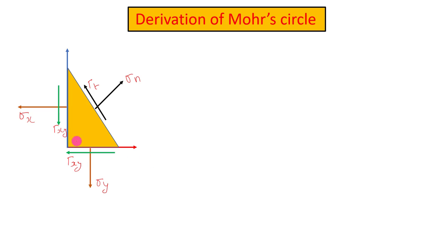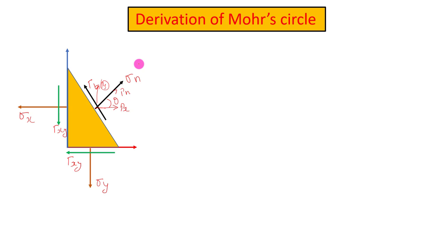If you balance the forces in the x direction, to keep this wedge in equilibrium there must be some force px in this direction, similarly py in this direction, and then we can resolve these forces in the theta direction. It will give you a pn force, and similarly tau t will also give you the pt force, and then we can divide correspondingly by area to find sigma and tau t.